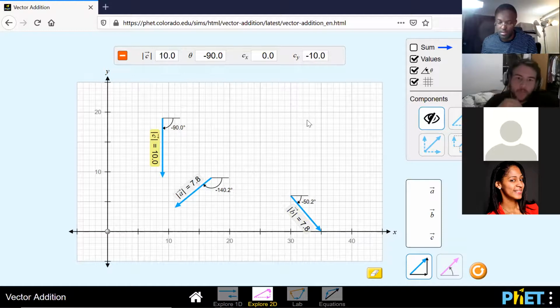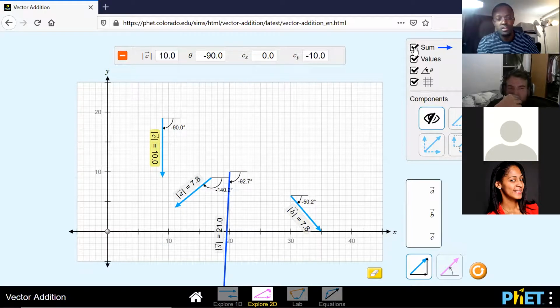Now question 6 is finding the sum, but using the simulation. Find the sum of the 3, and it's this vector, the blue one. We can't really see.